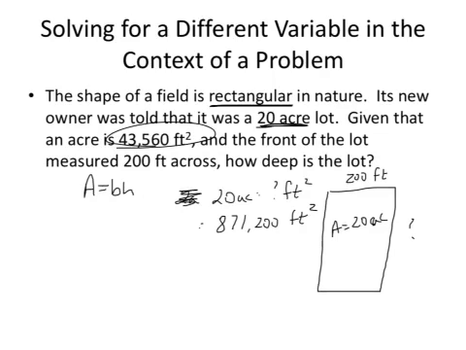Okay? So I need to solve for one of my variables. I'm going to call this height and this base. So height will equal area divided by base. Okay? Now given that I've got all these numbers here that I've got to write in, I don't want to have to divide all those numbers except for once. Okay? So I'm going to rewrite this. Height equals area divided by base.